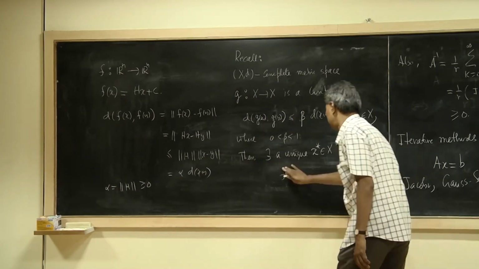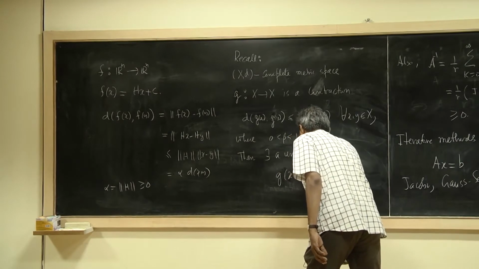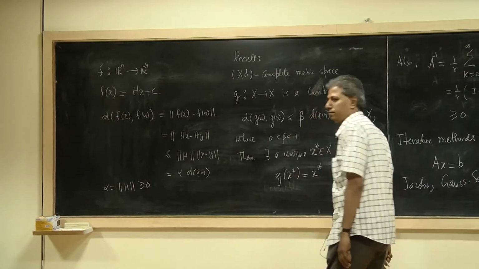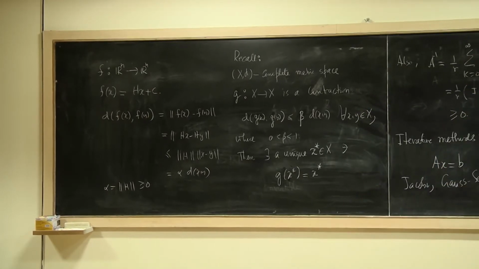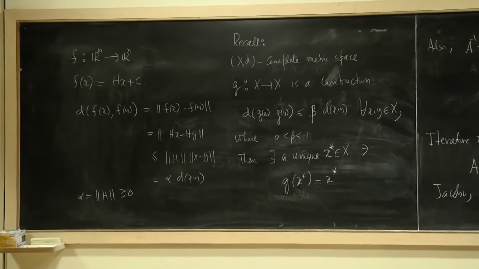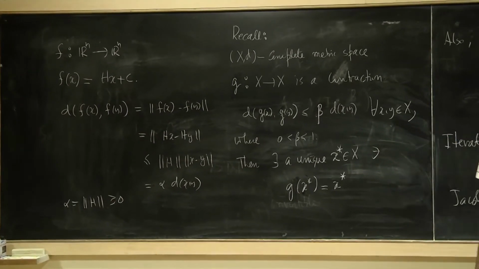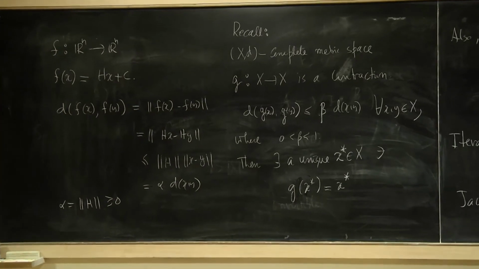Then there is a unique x star such that g of x star equals x star. Complete metric space, contraction, unique fixed point. This is a fundamental result in fixed point theory, but it has wide-reaching applications.